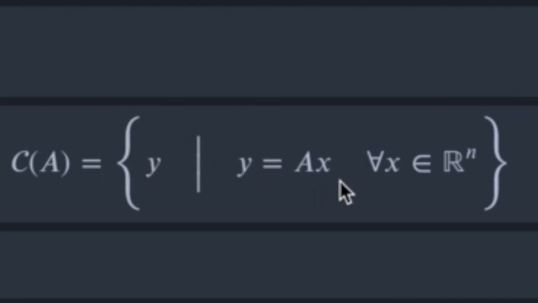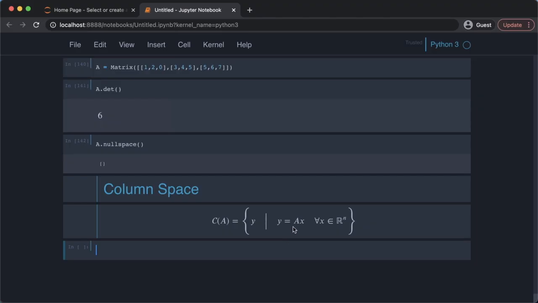So you get all possible x's and produce the following product, A times x. In linear algebra, the column space of A is also known as the span of the column vectors of A. That is, it is the set of all possible linear combinations of the columns of A, because I can go ahead and write this set as follows.